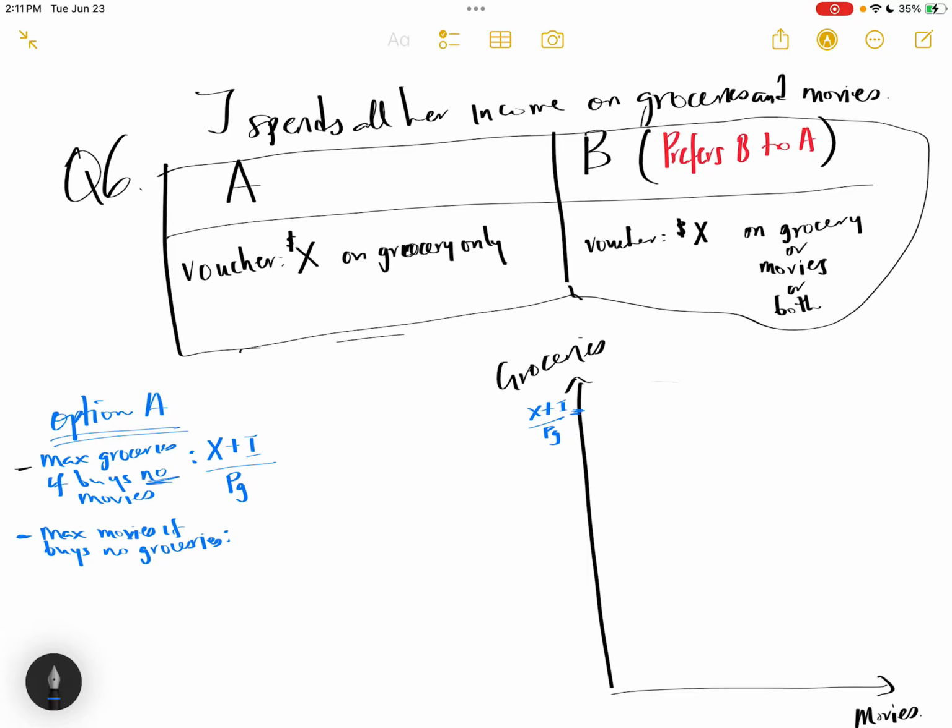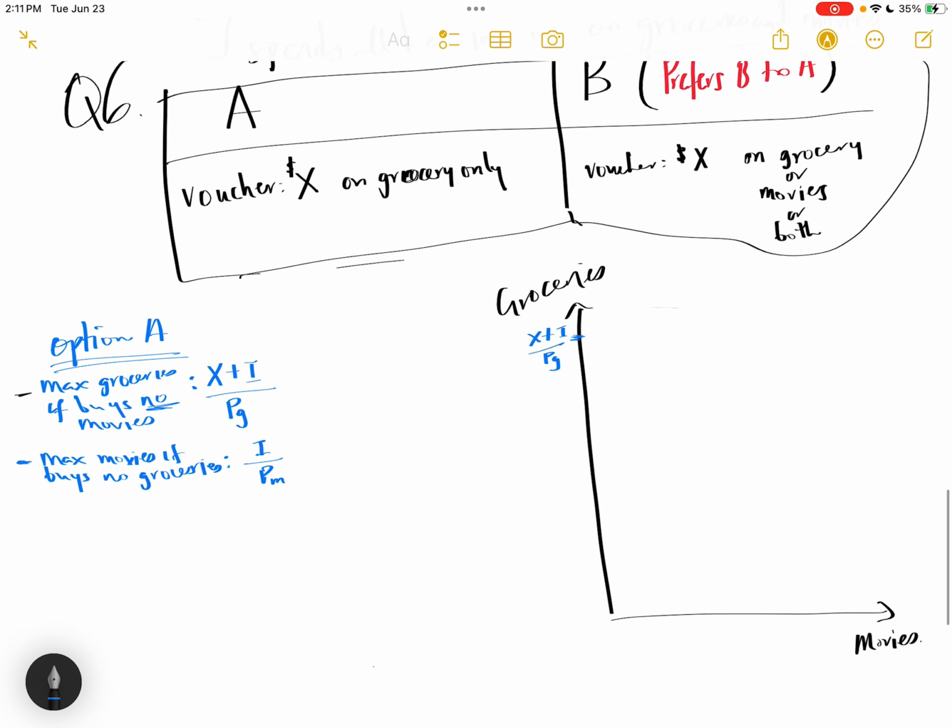And so the maximum number of movies she can buy if she buys no groceries will be just the I divided by price of movies. And I will write that down here. It will be her I divided by price of movies. So I'm writing this on the graph to your right hand side.